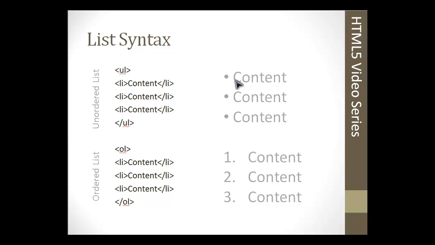You can remove the bullets through CSS styling if needed. And it's pretty easy. There is one other type of list, which is a definition list, which allows descriptions for each item. I'm not going to get into that right now, but these are the most common. Unordered lists are the most common. This is what you would use for any kind of horizontal menu or anything like that.